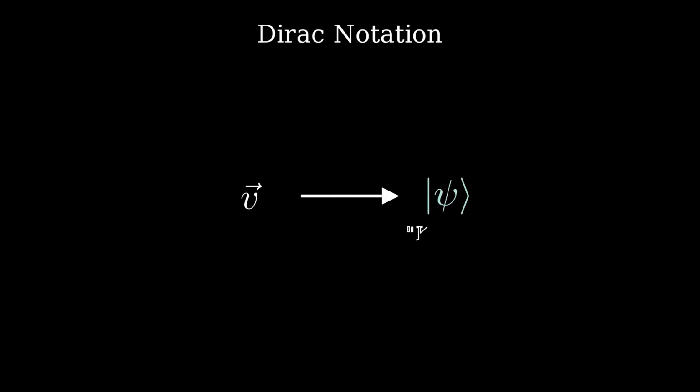To work with quantum states, we use something called Dirac notation, named after physicist Paul Dirac. Instead of writing vectors the traditional way, we use the ket notation. Here is where linear algebra becomes essential.